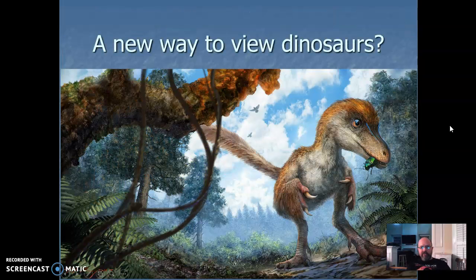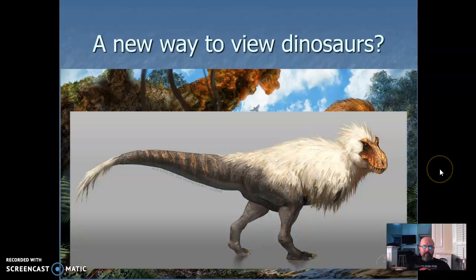So this leads us to how we view dinosaurs. Did they look like this little feathery guy here on this artist's conception picture? Or were they the scaly, more reptilian-looking creatures that we've seen classically? This has changed our view. Some artists had surmised that maybe even T-Rex was covered in feathers.